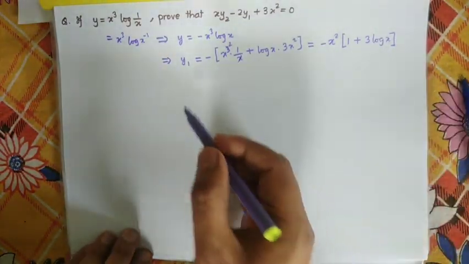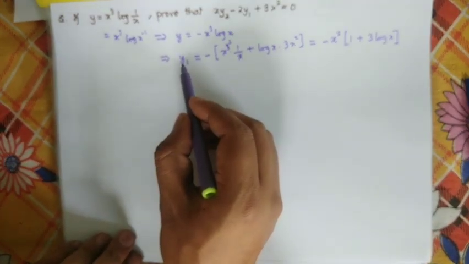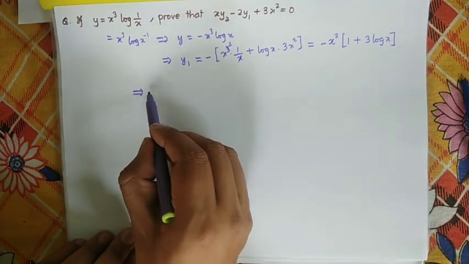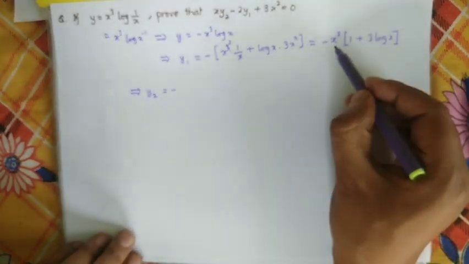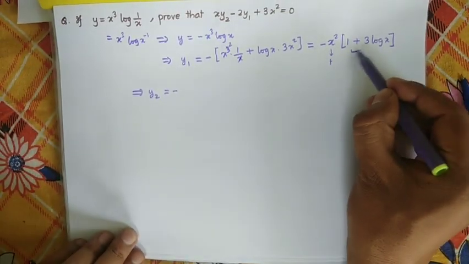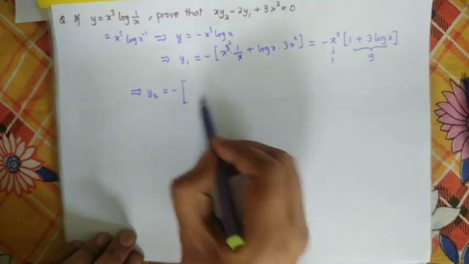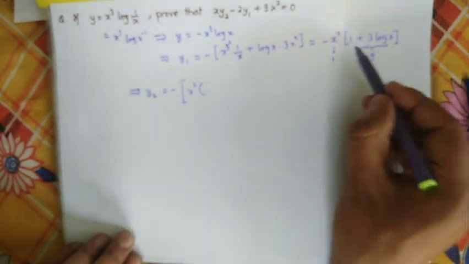So this is my y1. Now let us find y2. To find y2 I need to differentiate the first order derivative again. So I'll get y2 equals, minus is there, and again this is my f and this full thing is my g, so f into g. Let me write f as it is and differentiate this one.